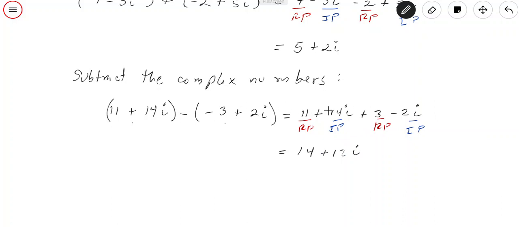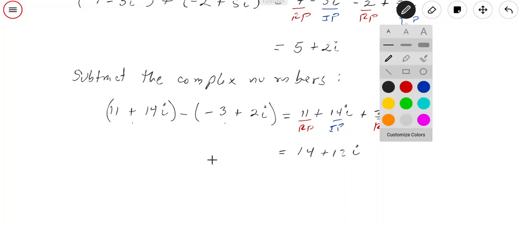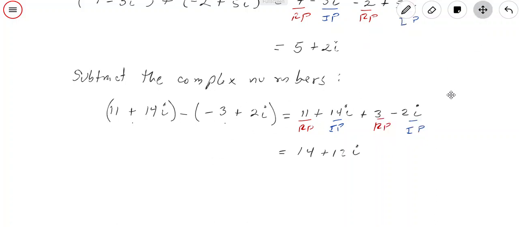Let us now analyze the multiplication of complex numbers. So how do you multiply complex numbers? I'm going to start by explaining when we multiply a real number times a complex number, the imaginary part of a complex number times a complex number, and two complex numbers.